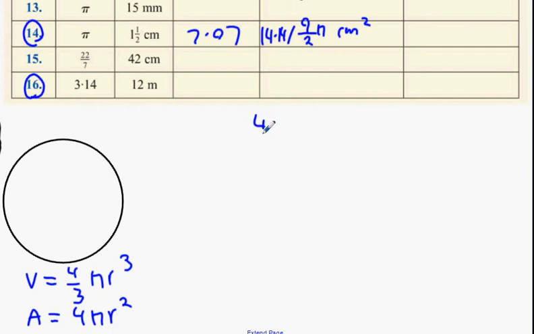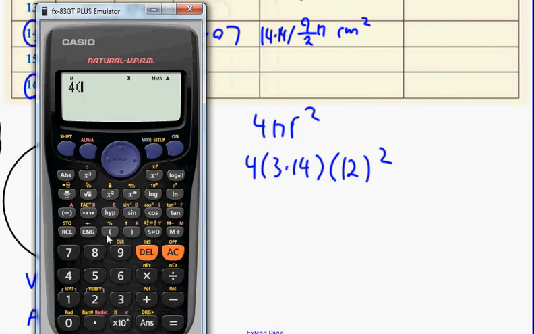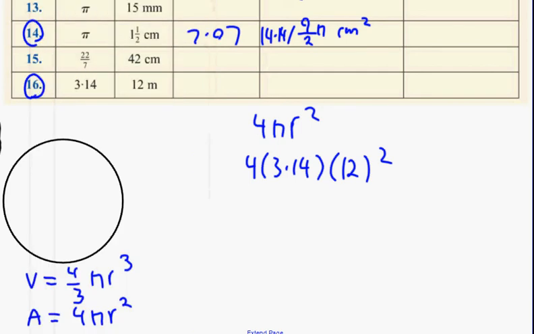I'll do 4 pi r squared and I'll have the answer, okay? So 4 times 3.14 times 12 squared, and then half it. Okay, so 4 bracket 3.14 bracket 12 squared, and then half it, yeah? And I get 904.32 centimeters squared.